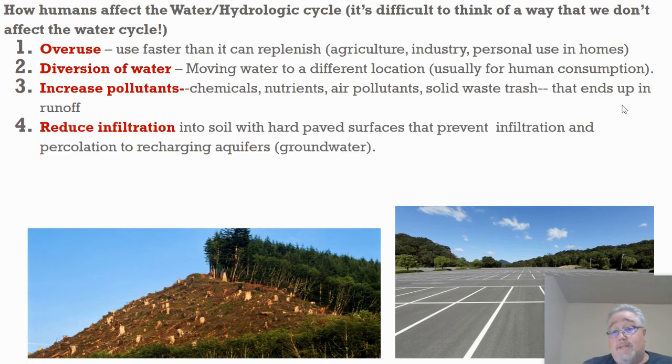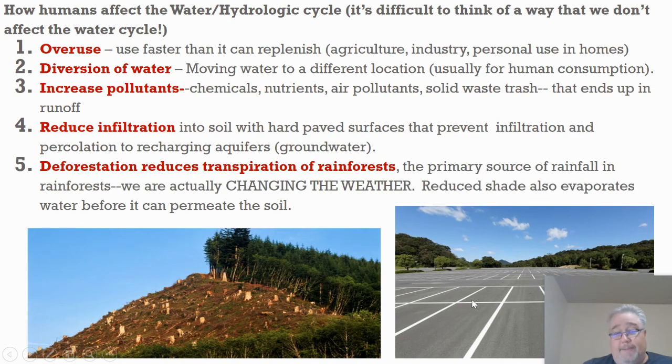We reduce infiltration. We just talked about this. Infiltrate means it gets into the soil. Take a look at this picture on the bottom right here. We've got this giant parking lot that is on top of soil. So when it rains, instead of the water going into the soil, the water just accumulates and puddles on top of the pavement, and it'll just evaporate back up into the atmosphere.